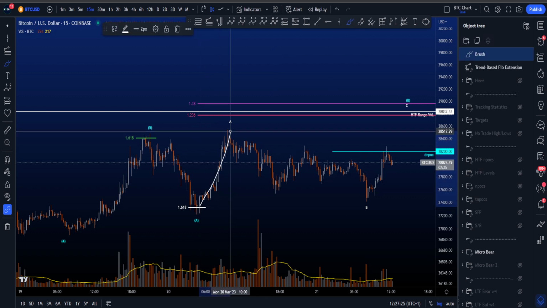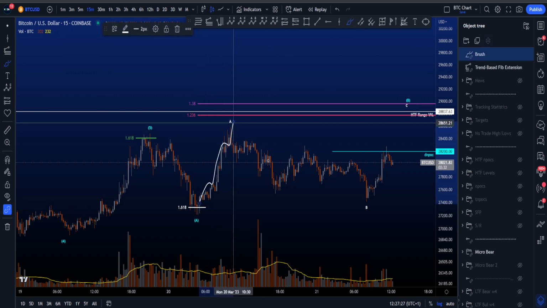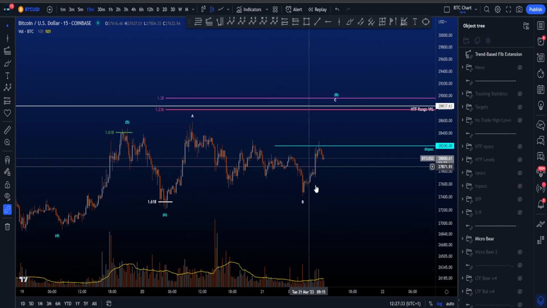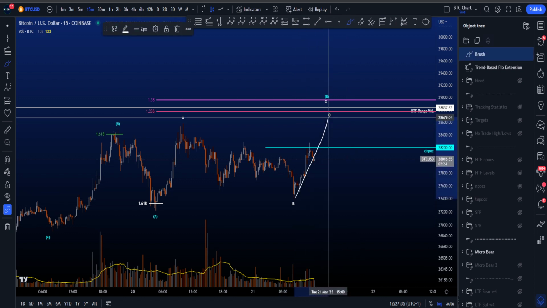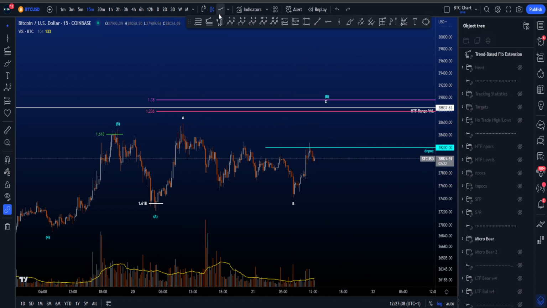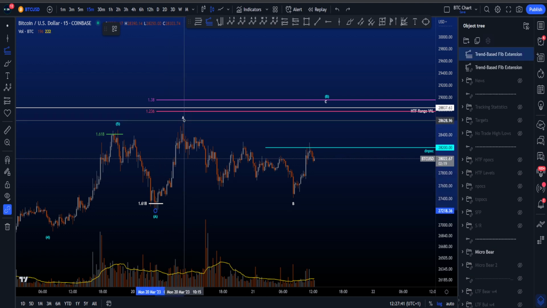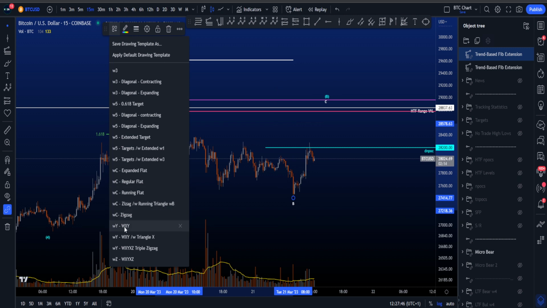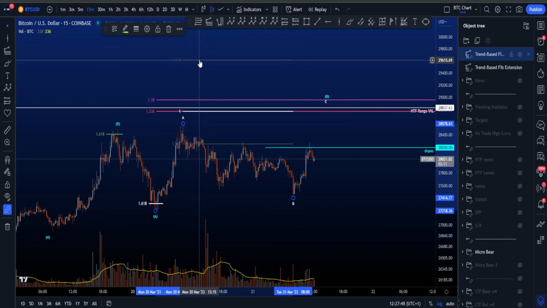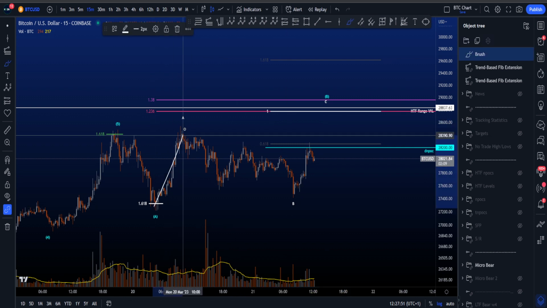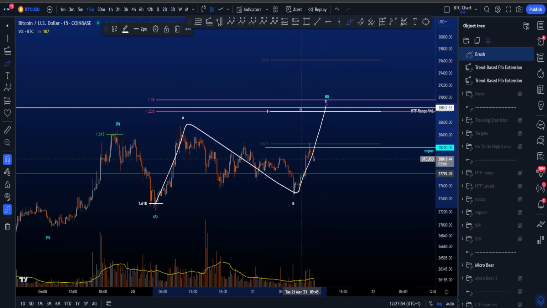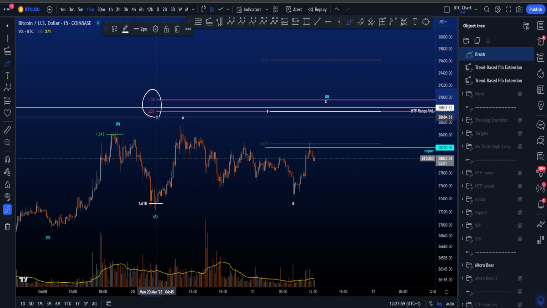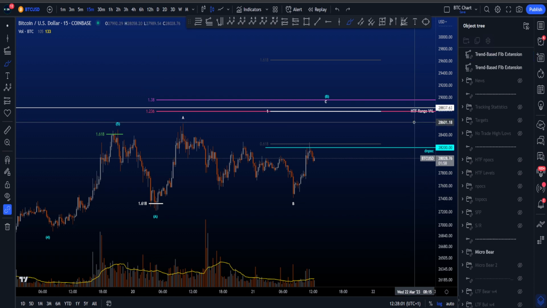Then we have another, basically a wave A, which then is an impulsive structure. A corrective wave B, very likely to be some sort of a WXY before now getting another impulsive structure to the upside for wave C. What I also like about this is that if this is wave A and we take it to the low of wave B and we toggle on the, where is it, zigzag, you can now see that the 1-to-1 of this wave A for a wave C is exactly at the wave B most common target area of the 1.236 and the 1.38, also in line with the high time frame range value area low.